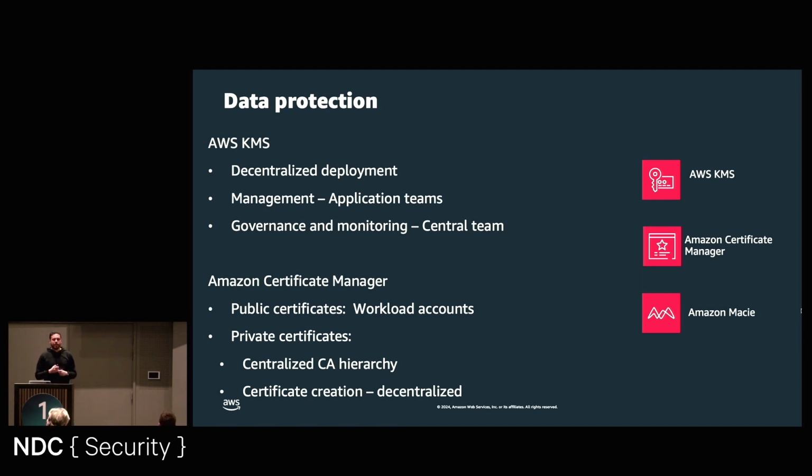The other service is AWS Certificate Manager, which can help you to protect your traffic in transit. And Certificate Manager provides you with public certificates and private certificates. Public certificates can be deployed to the normal workloads and application accounts, so they are close to whatever they are trying to help with. But for the private certificates, we do recommend to have some sort of a centralized certificate authority in place in a centralized account managed by one of the security teams.